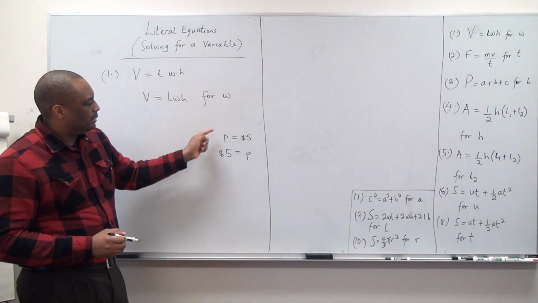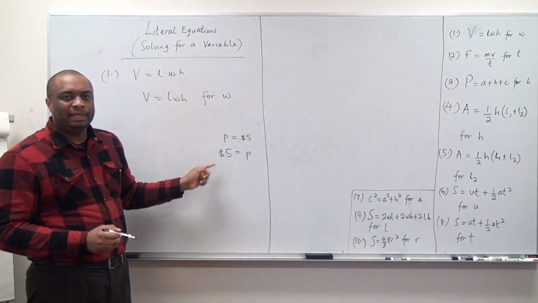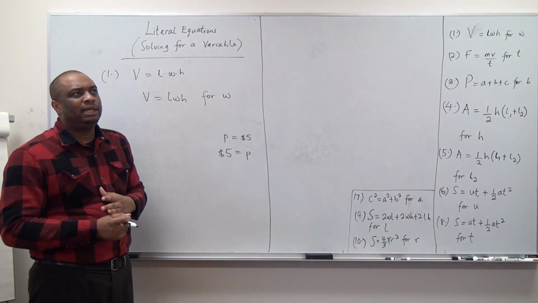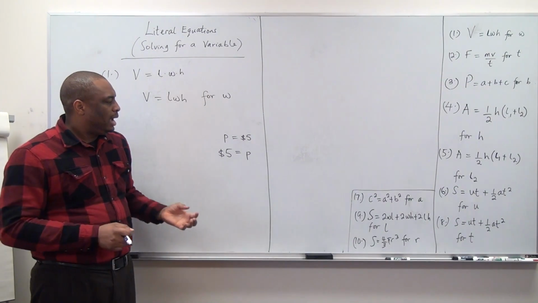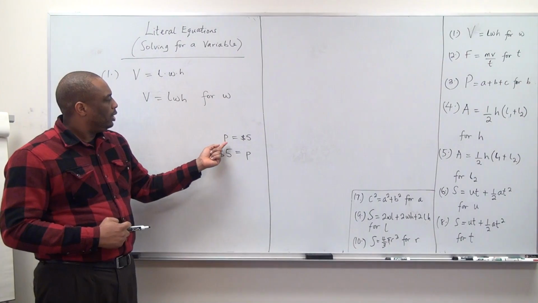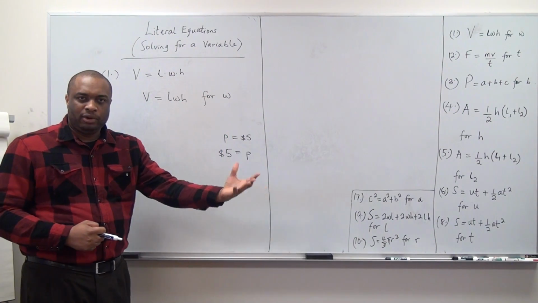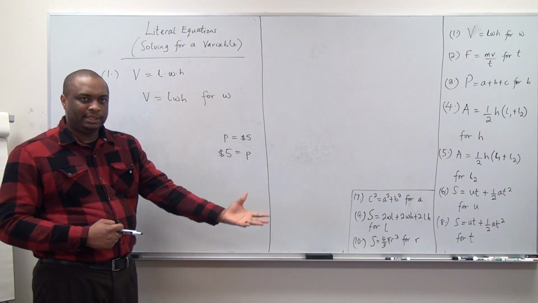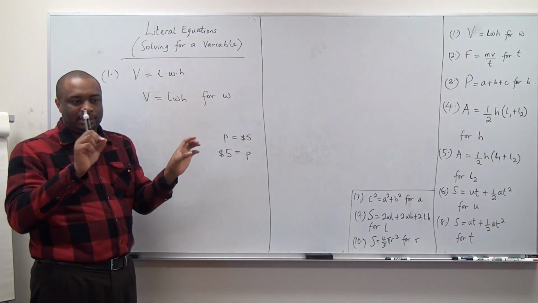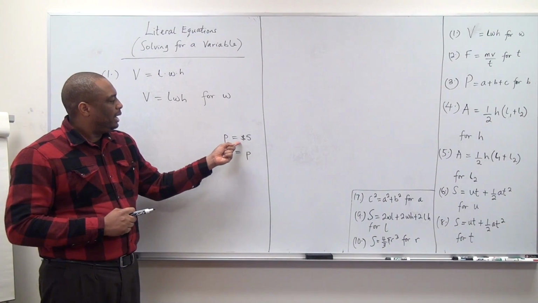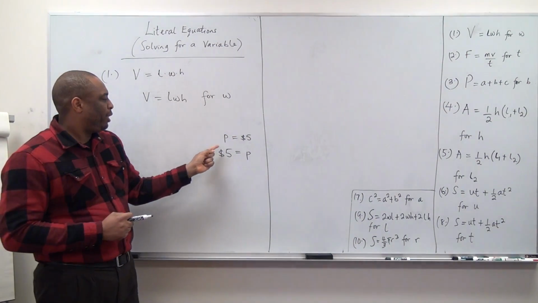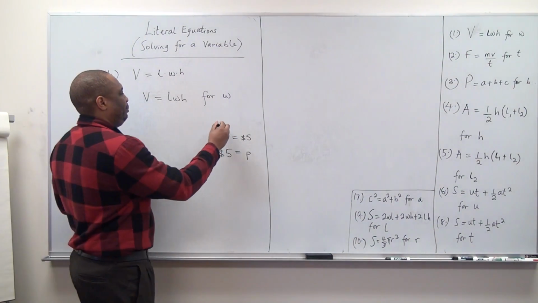If you look at this example, let's say you go to Walmart and you want to buy a pack of markers, and you ask the cashier, what is the price of this? Assuming the price tag is no longer there. Now, P is the price.